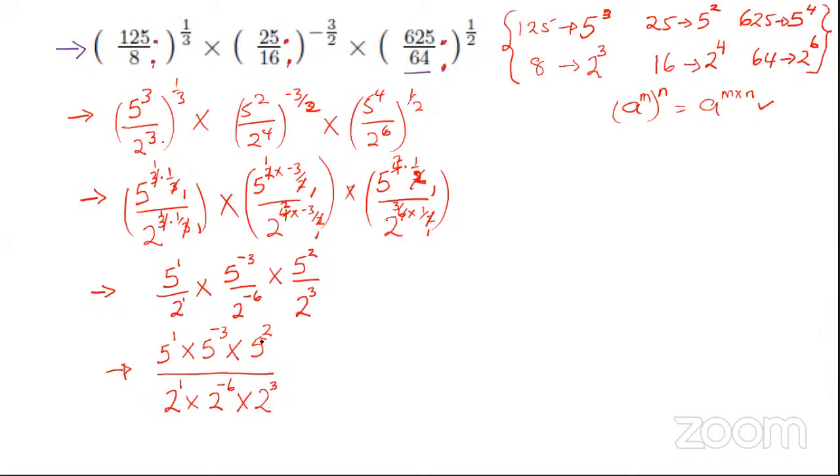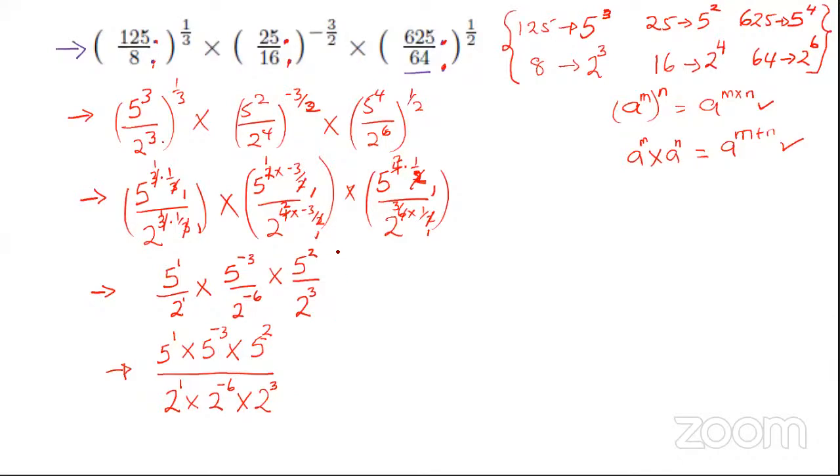Now, this is when our rule comes in again. When you are multiplying numbers of the same base, what do you do to the powers? You add them. That is m plus n. You add the powers. You see how our rules are coming in. So here we have the same base of 5, and here we also have the same base of 2.